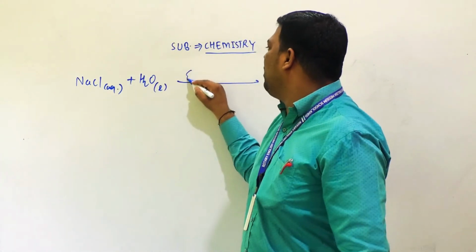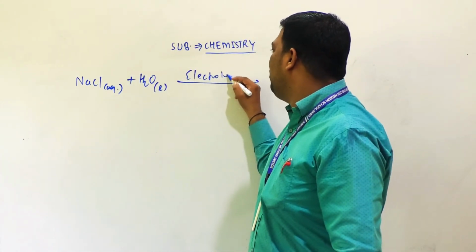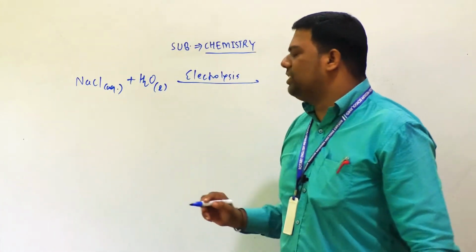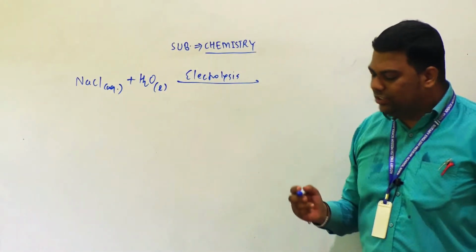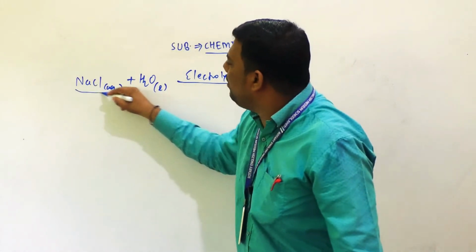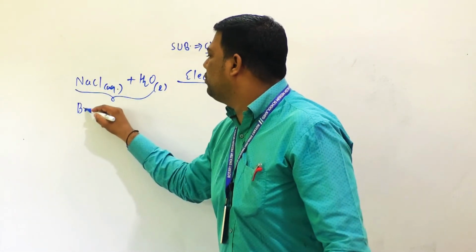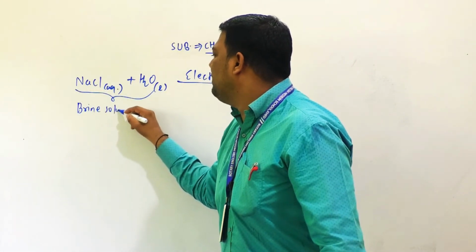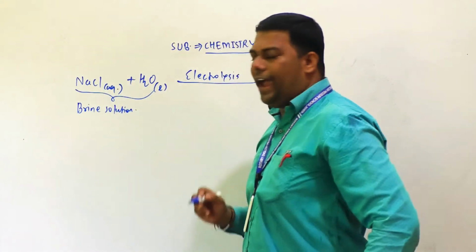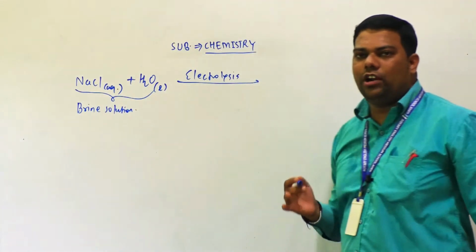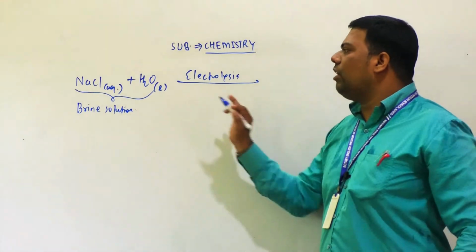If we do electrolysis on this NaCl and H2O, we call it a brine solution, NaCl in aqueous form. So what will happen after that?